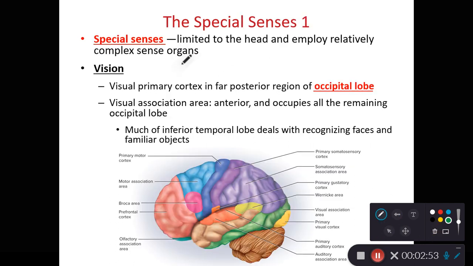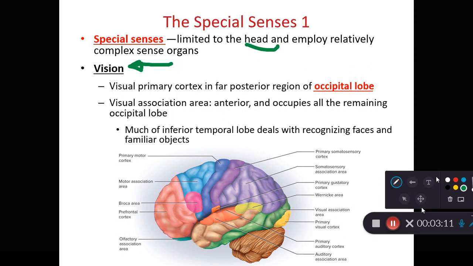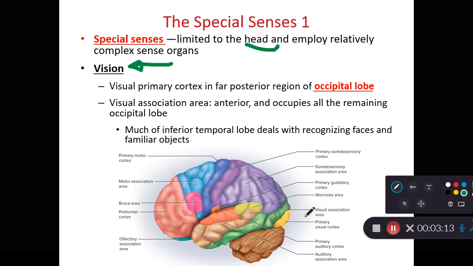So let's talk special senses. These special senses are typically going to be sight, sound, smell, taste. They're going to be limited to the head and have some pretty complex organs. For example, eyeballs tend to be rather complicated. As we look at vision, vision is going to be processed at the primary visual cortex. Let's shift to yellow here to be consistent. So we have our primary visual cortex right over there in yellow.